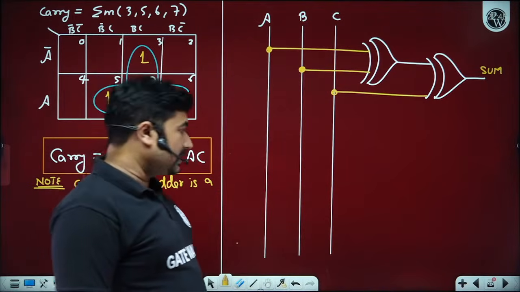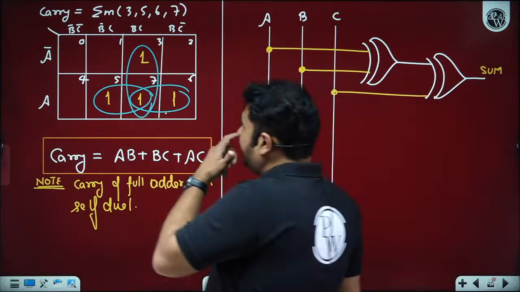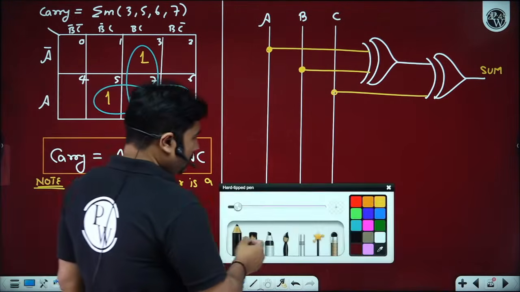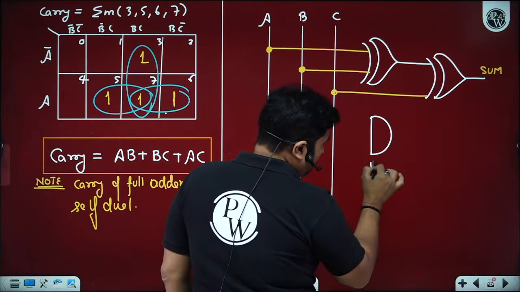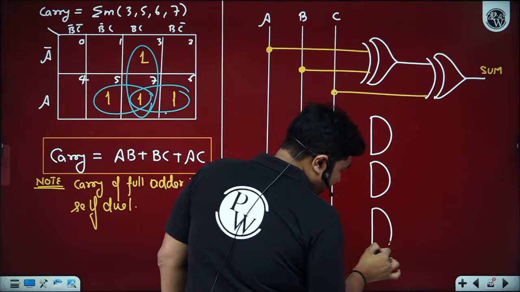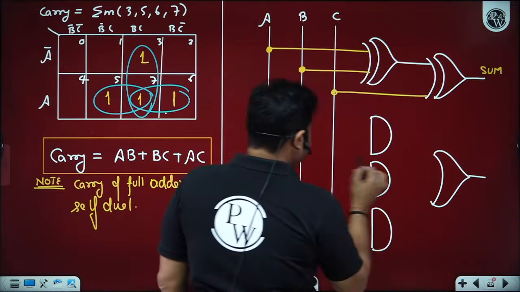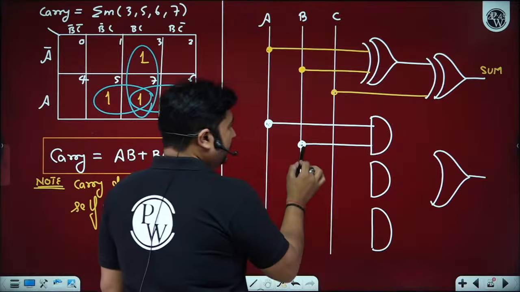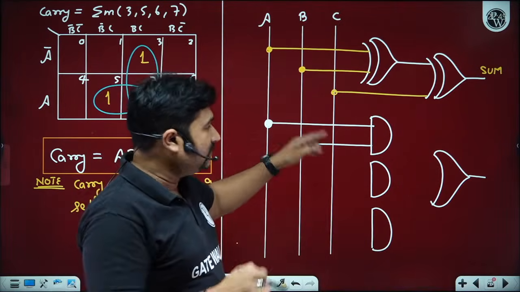Now let's talk about carry. So carry will have AB plus BC plus AC. So we need 3 AND gates, 1, 2, and 3, and we need 1 OR gate. So we have AB. Is it okay? Wherever the dot is dark, it means it is connected, and this means it is overlapping.